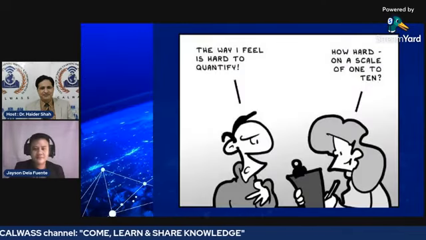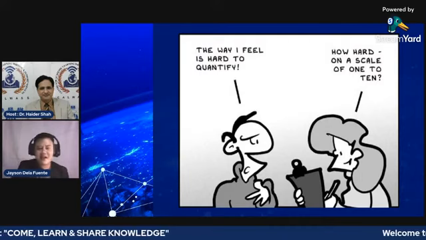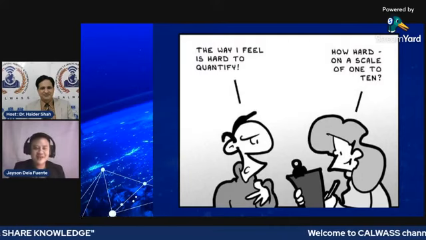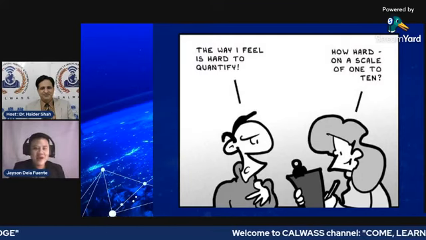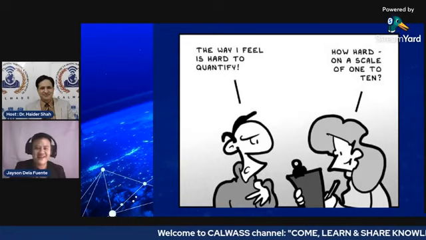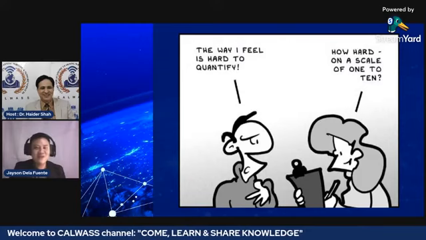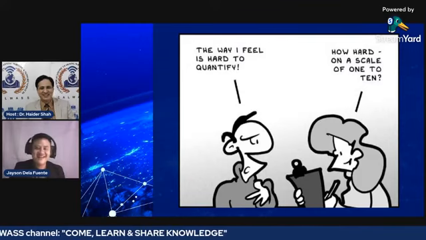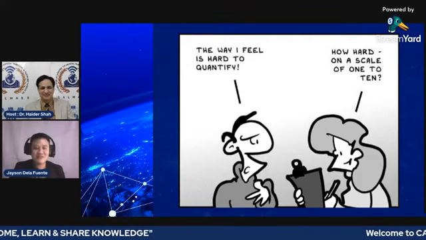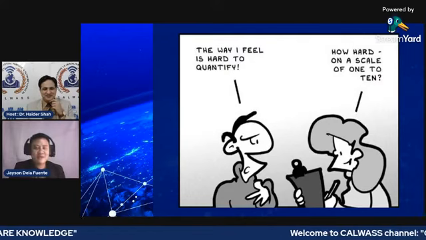As you can see in the slide, there is a conversation there. "The way I feel is hard to quantify." And the girl said, "How hard, on a scale of 1 to 10?" Based on the conversation, we can really appreciate what qualitative data is.